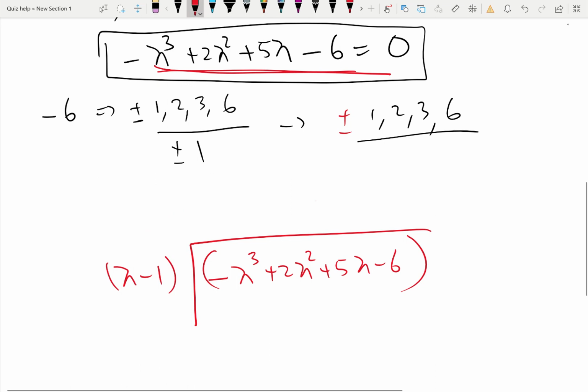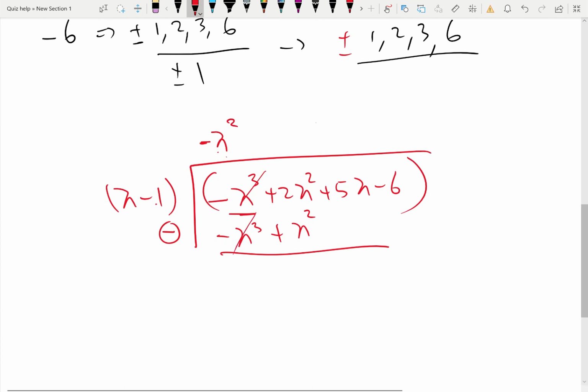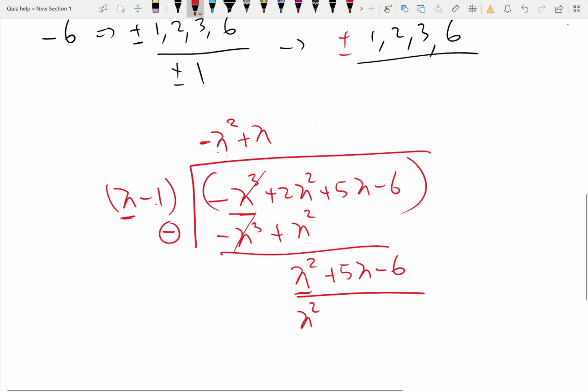If you divide here, you will get negative lambda squared. Negative lambda squared times lambda is negative lambda cubed, and times negative 1 is plus lambda squared. Now you subtract: lambda cubed cancels out, 2 lambda squared minus lambda squared is lambda squared, plus 5 lambda minus 6. To get this one we have to multiply by lambda, so lambda squared minus lambda.